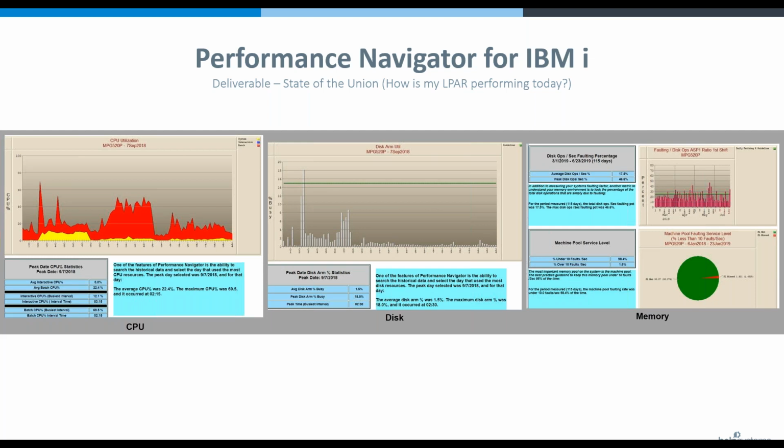And then you can see disk arm utilization, right? There are lots of metrics, but basically we're going to be looking at your CPU and your memory, and you can see on the right side disk. And this has to do with both disk and memory.